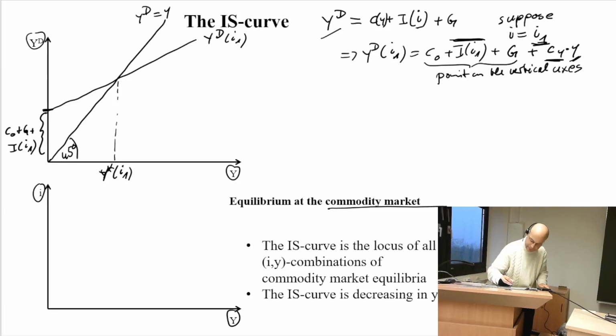And then we see we have this specific income dependent on interest rate I1. And on the vertical axis, we just put our I1.